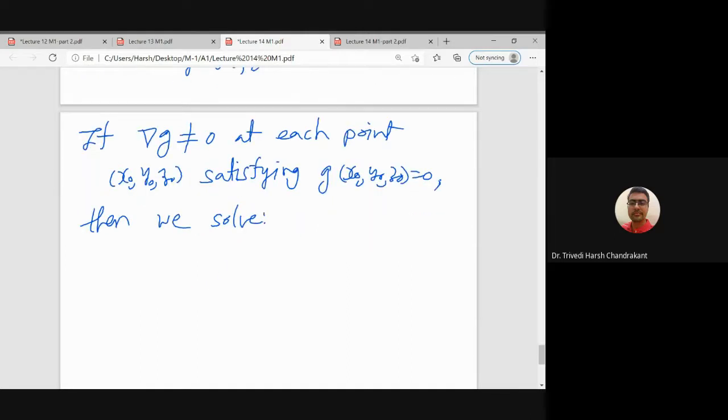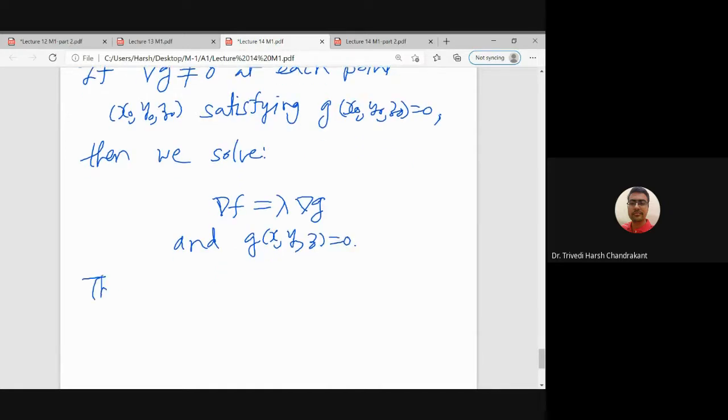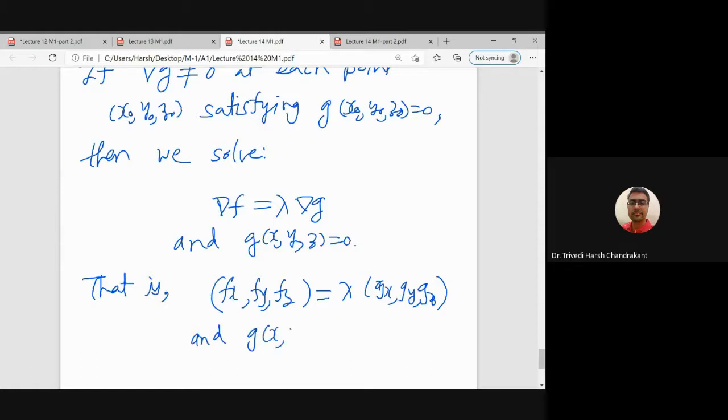So the equation is the same, which is gradient of f equals lambda times gradient of g, and g of xyz is 0. But here the gradient is slightly different because we have a three variable function. So f and g are three variable functions. That means gradient, fx, fy, fz equals lambda times gx, gy, gz, and the final equation is the given surface.